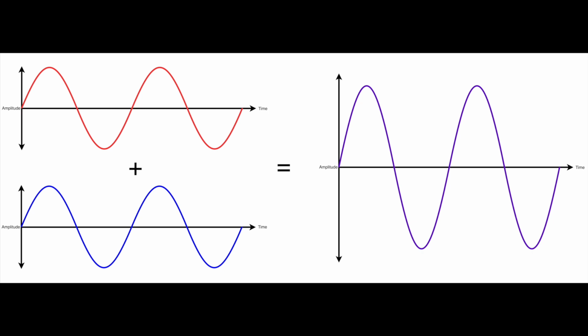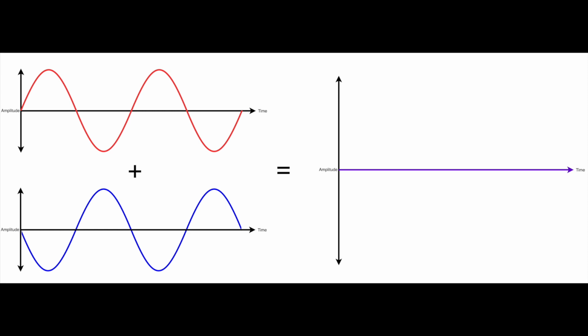In this case, both waves will sum together and effectively double the amplitude of the mix. On the contrary, if we have two sine waves that are completely out of phase, this means that when one duplicate of the signal is at its maximum positive peak, the other will be at its maximum negative peak, and vice versa. When we sum these two together, we have absolute silence at the output.